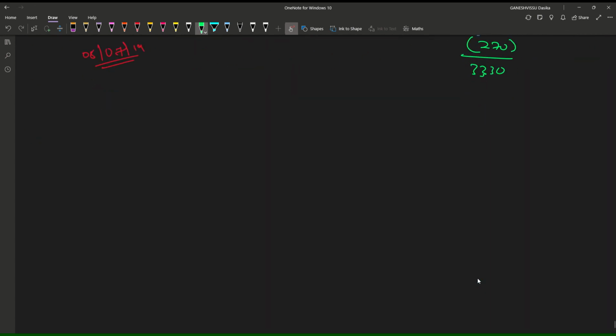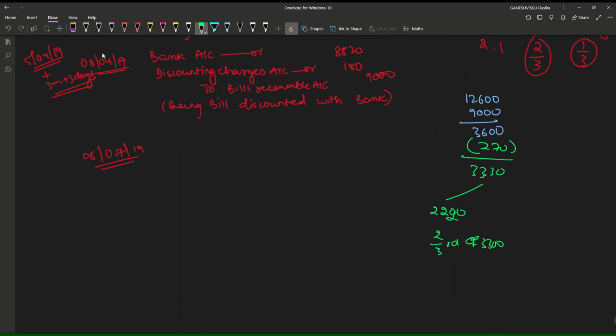Out of this 3,330, he has remitted two-third amount. That means he has remitted 2,220 rupees, which is two-third amount of 3,300. Okay, so he has to pay 2,700 into 2 by 3, and 180 rupees as discount charges also.